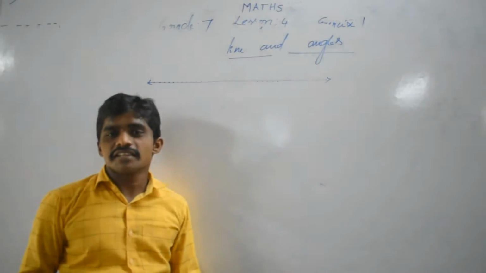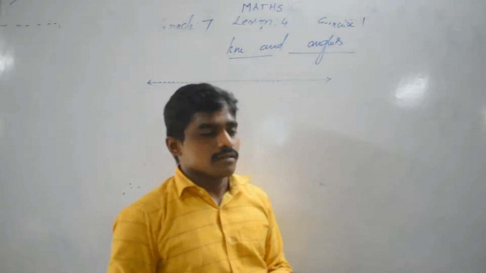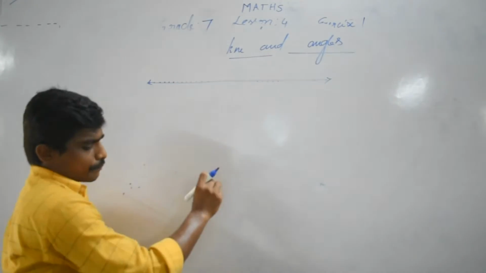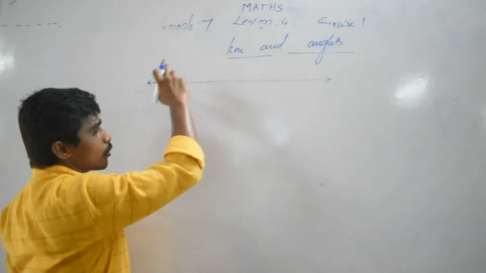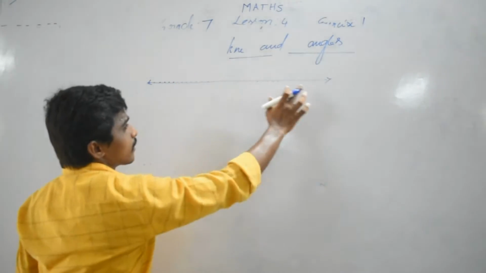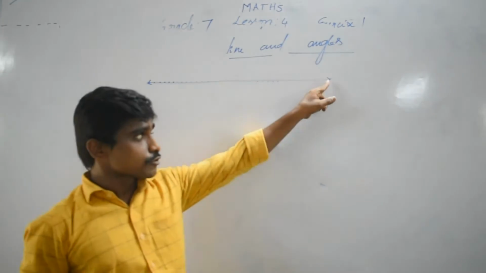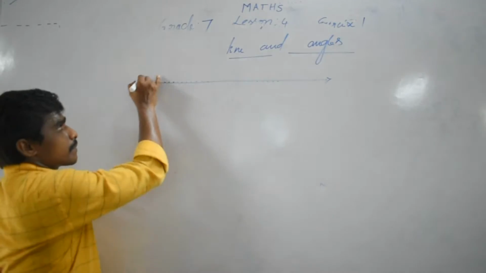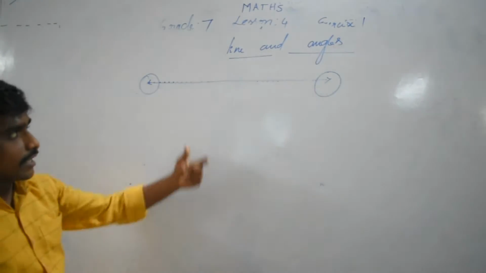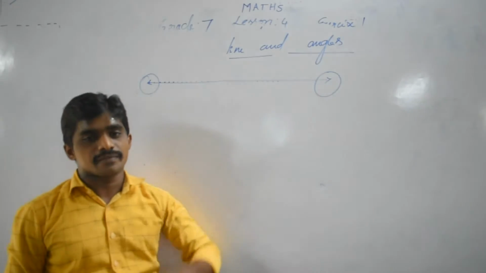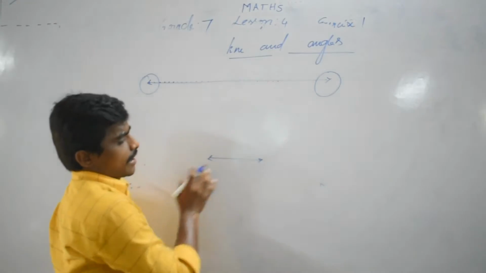So a line means an infinite number of points joined together. Here on both sides we keep arrows. These arrows show that it does not have a fixed length. So now this is a line.